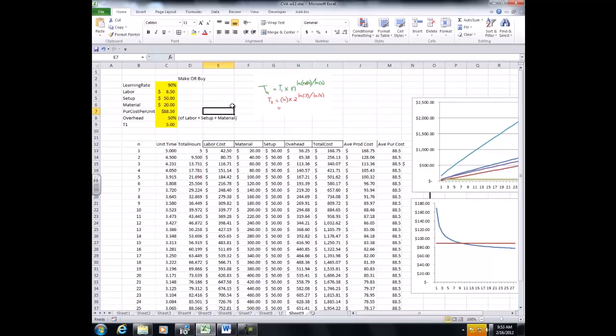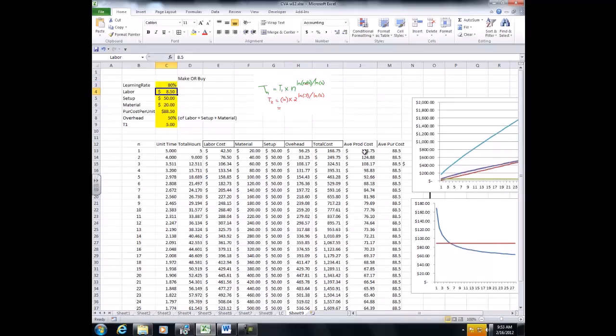Cost will go down, correct. The average cost will go down. Why? Takes less labor. Yeah, the total hours column will have smaller numbers. With an 80% learning rate, the total hours will reduce.